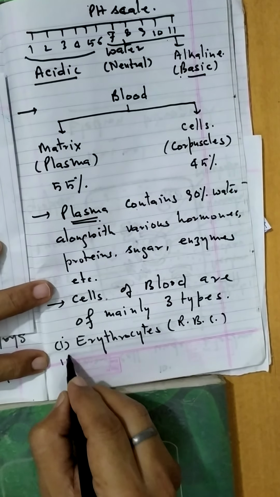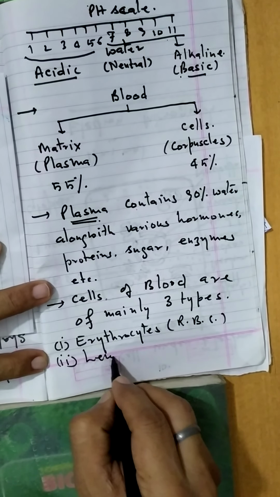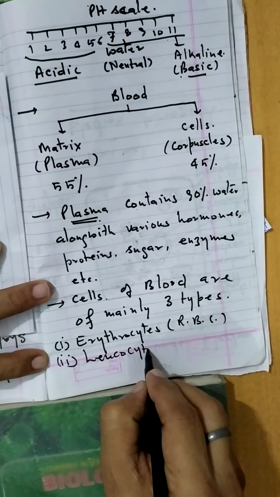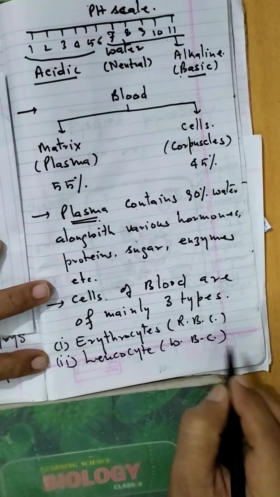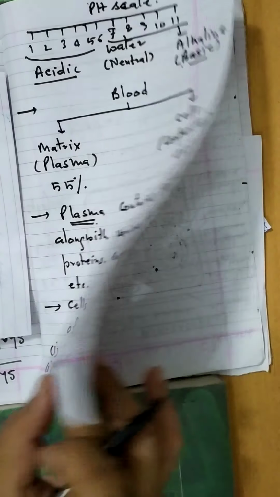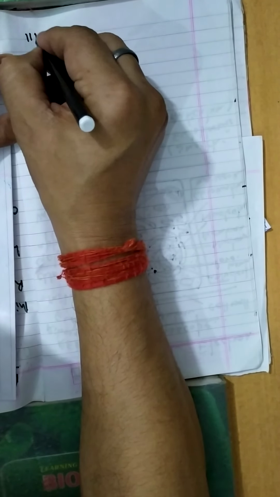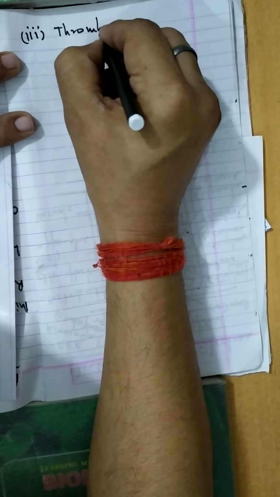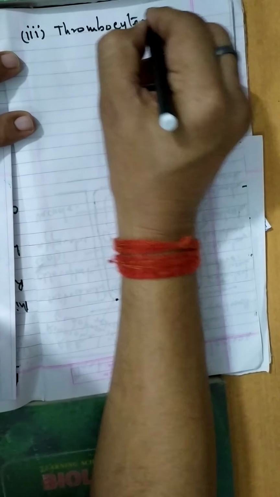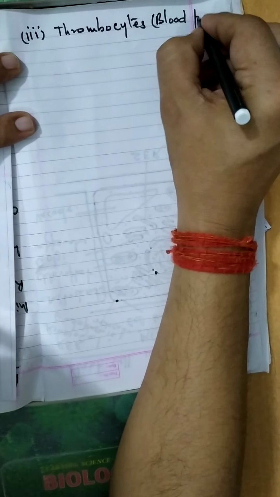Second, leukocyte or WBC. Third, thrombocytes or blood platelets.